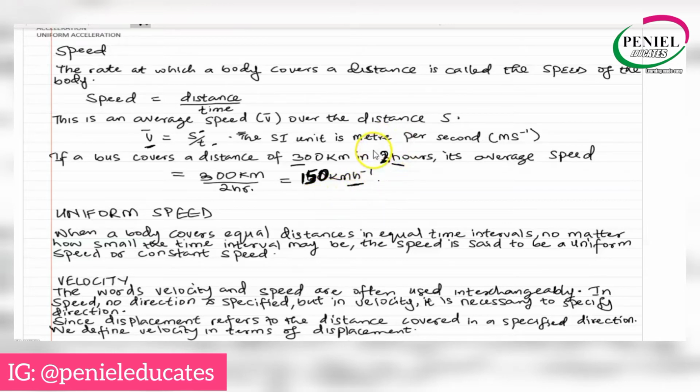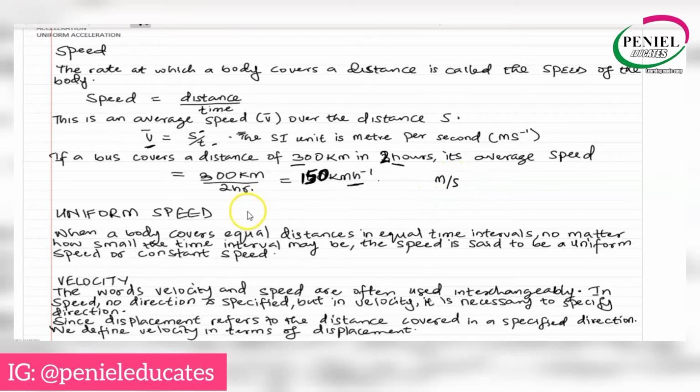But the SI unit of speed is meter per second, so you can convert the time to seconds and the kilometers to meters, and you have your answer in meters per second.